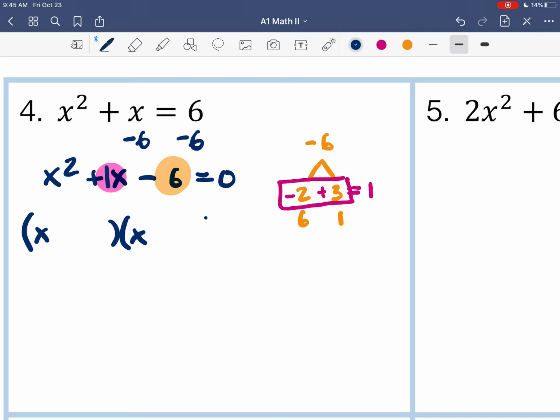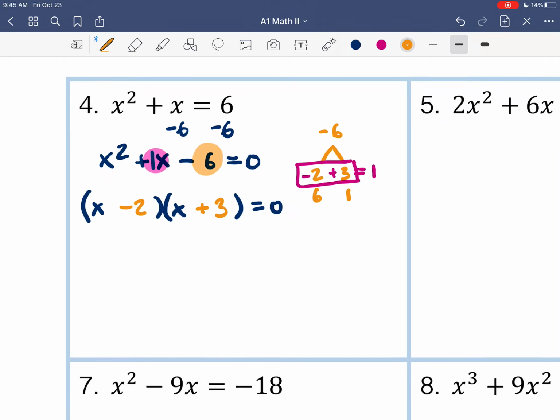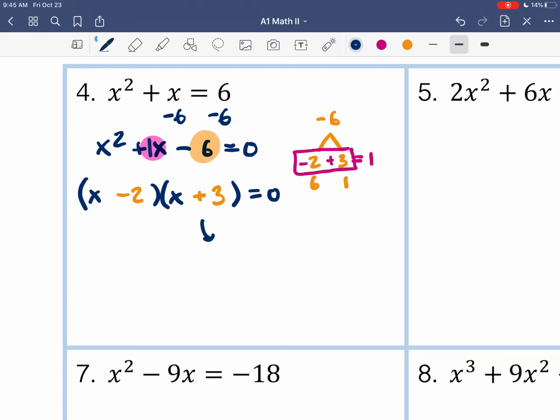Gotta write our factors. And then we have -2 and +3. So when we solve that, also another note as I'm solving this is that sometimes MathSpace will be asking you to factor it, and sometimes it will be asking you to solve it.